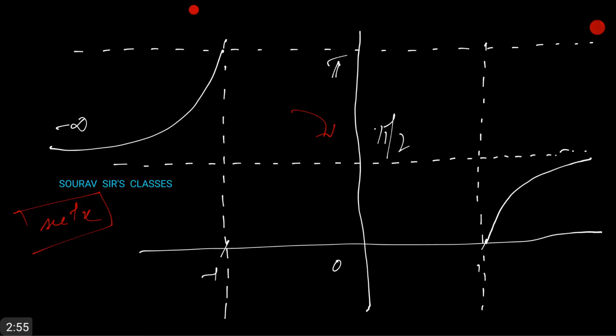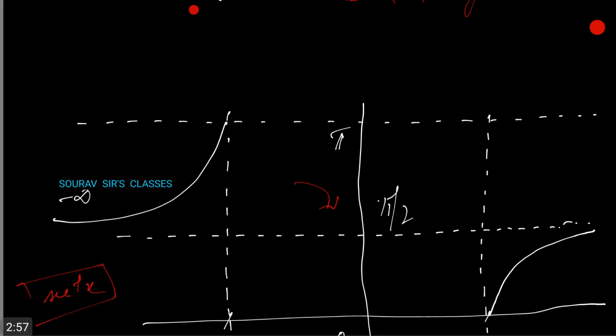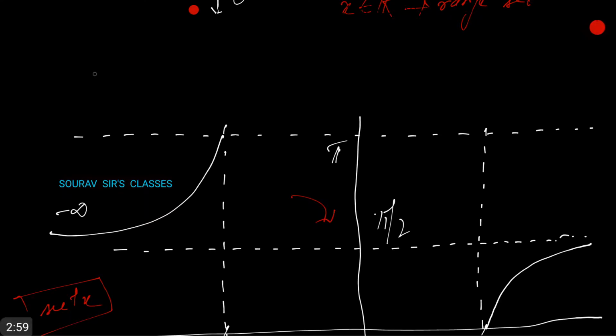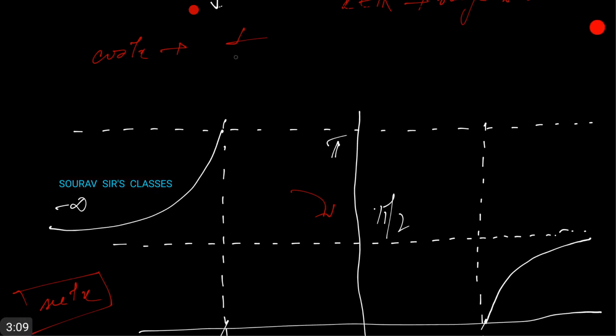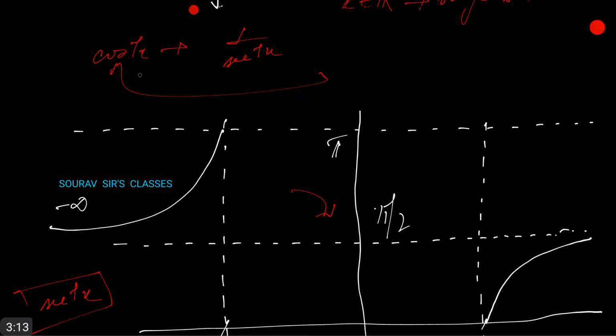All right, so how do we determine if this is even or not? Because cos inverse x is even, so 1 by cos inverse, that is sec inverse, should be even. Now how do I determine if cos inverse x is even?